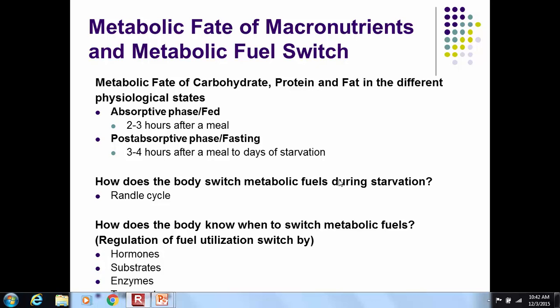And we're going to talk about how macronutrients that we absorb and metabolize during this absorptive phase or fed condition, or during the fasting condition if we don't eat lunch.